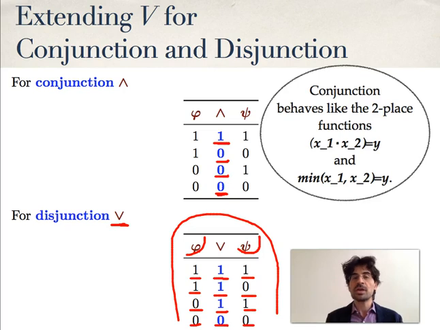A conjunction of two components, of two conjuncts, is true only if both conjuncts are true. Whereas a disjunction is true if at least one of the two disjuncts is true. It's not necessary that both of them are true, although it is true if both of them are true, but that's not required for the disjunction to be true.